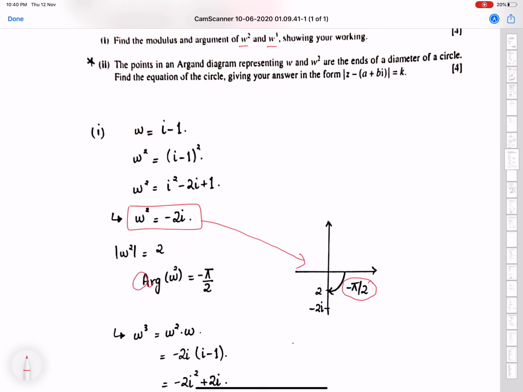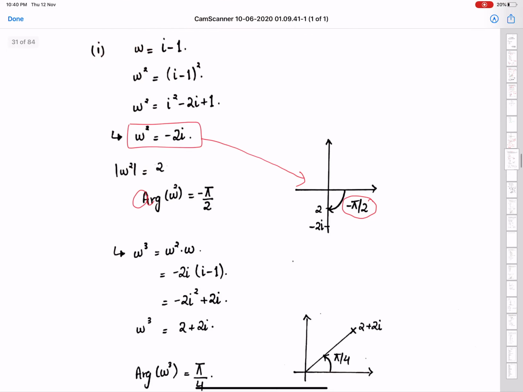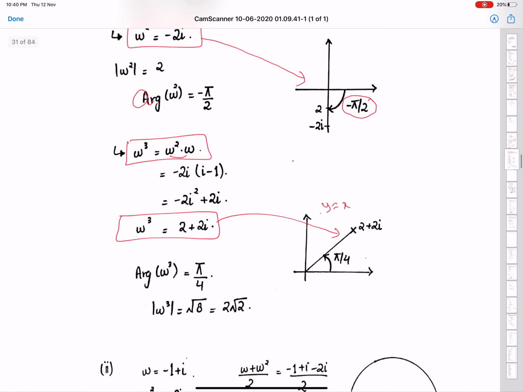So its argument is minus pi by 2, and w cubed can be found by writing w squared times w. So by multiplying w squared with w, we can get w cubed. This is w cubed. This is on y equals x. Therefore, its argument must be pi by 4, and its modulus is root 8 or 2 root 2.